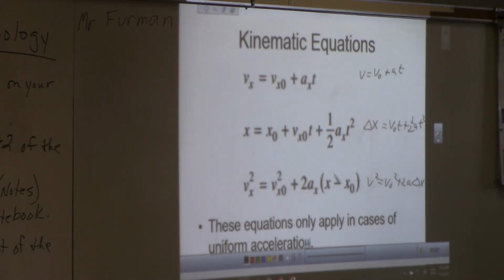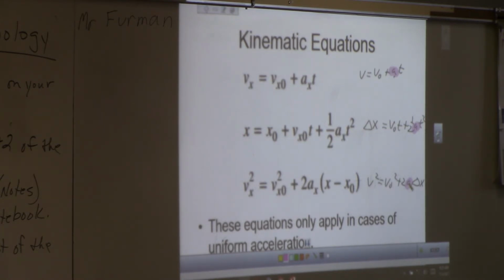So notice each of these has acceleration, acceleration, acceleration. And these are all true for constant acceleration, which is what you'll see. The only time you might get into non-constant acceleration would be if you're in AP calculus or AP Physics C, calculus based.